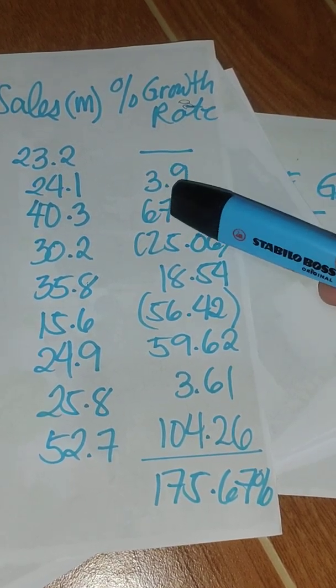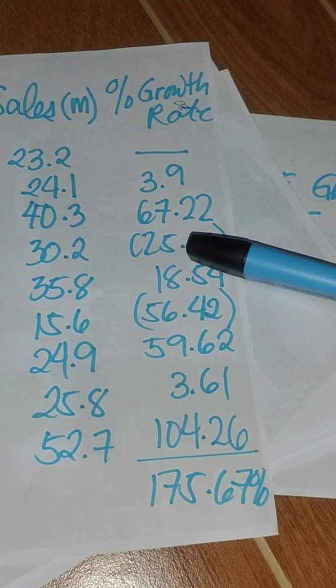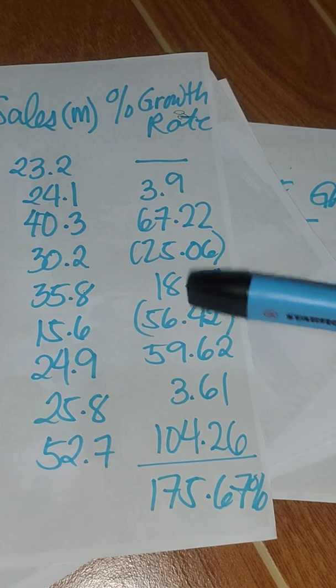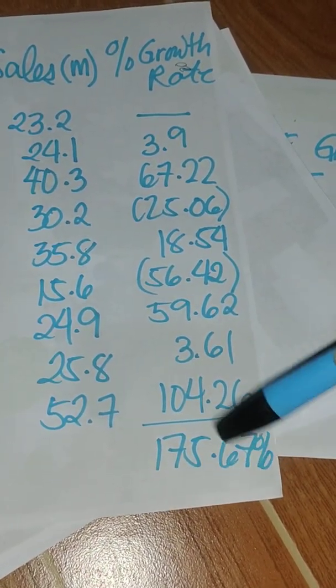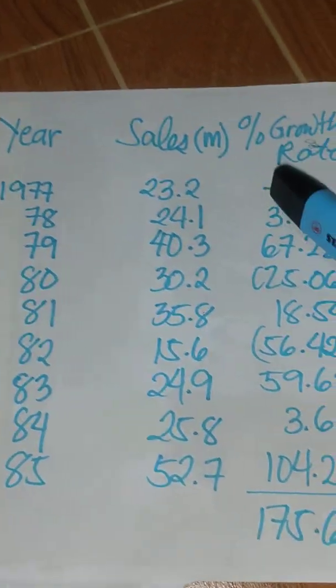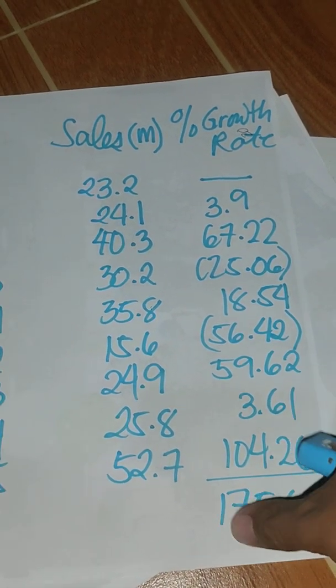So 3.9 plus 67.22 minus 25.06 plus 18.54 minus 56.42 until you arrive to the answer of 175.67%. Take note, this one in 1977, it is 0. Kaya wala siya growth rate.